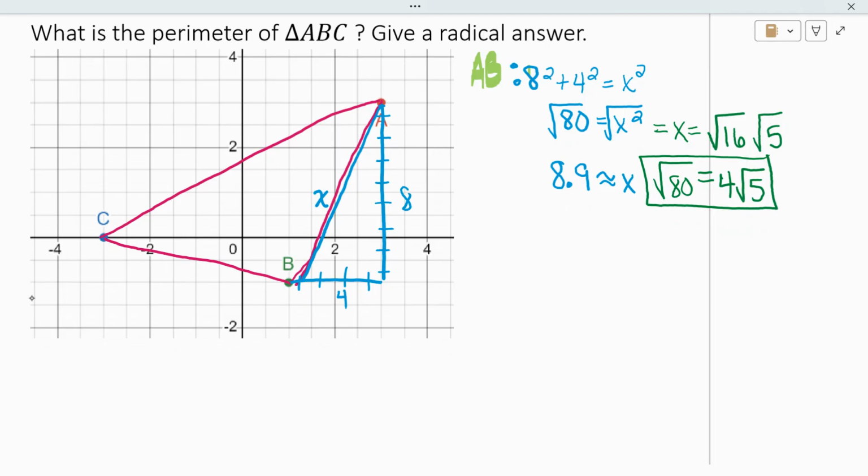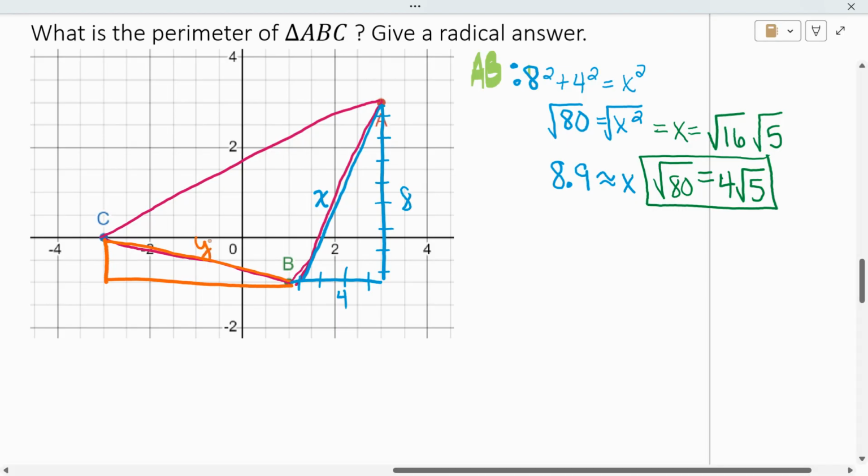So I have to turn this into a triangle. So what are the dimensions of my legs? What are my leg measurements? I'm gonna call this guy Y. Tell me the measurements of my legs, guys. 8 and 2.